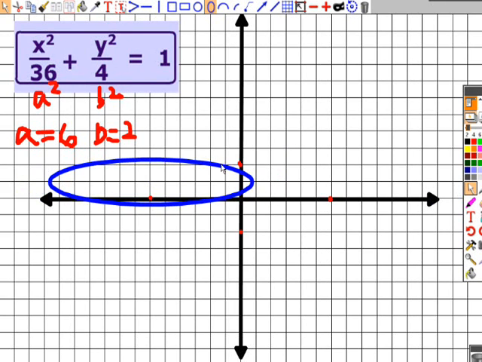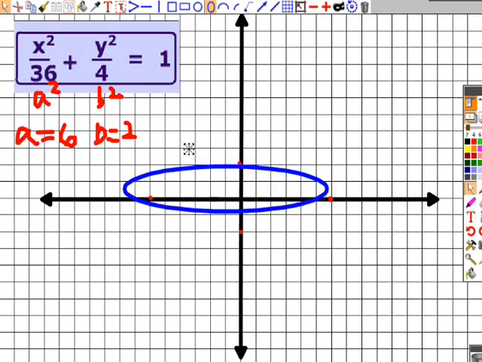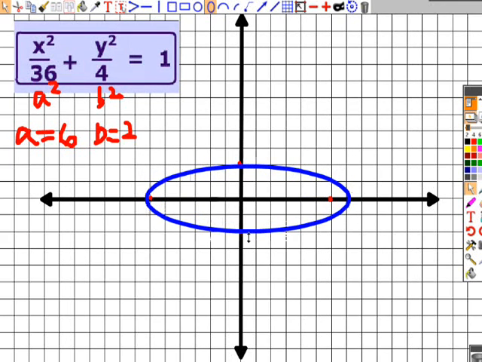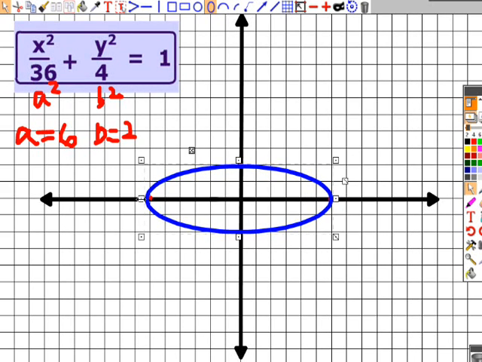Alright, let's just connect this. Let's see if we can line this up a little bit better. Okay, that's about right.